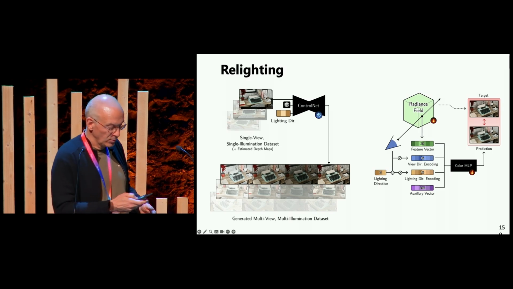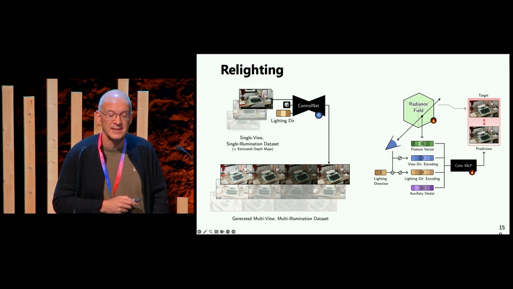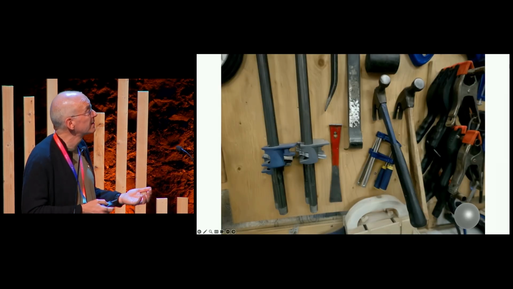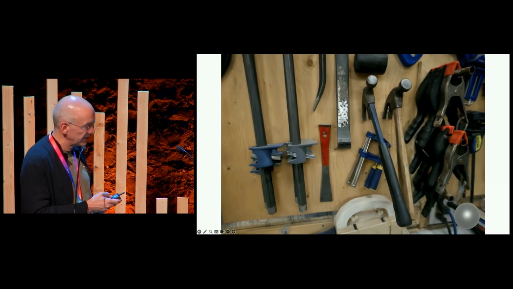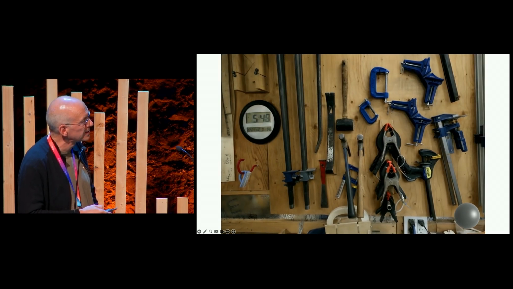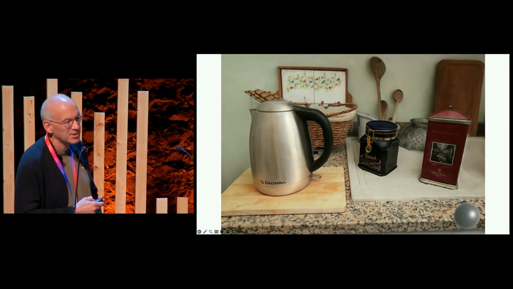Then we need to modify the training algorithm, so instead of having spherical harmonics, we have a small multi-layer perceptron that takes the view direction and the lighting direction as a condition, and we train a model. So now we have a Gaussian splat that is not just a Gaussian splat, but also understands lighting direction, which is shown here symbolically with the diffuse ball, which shows the direction of lighting.